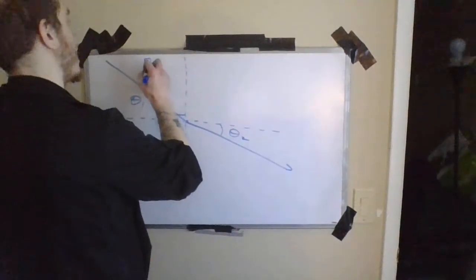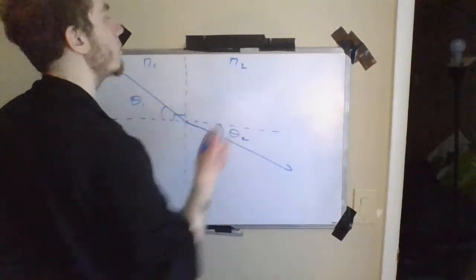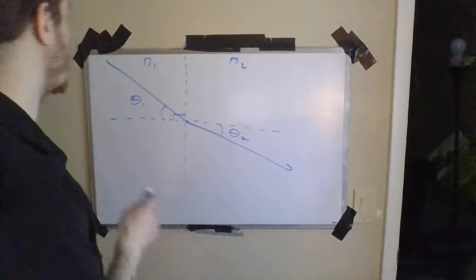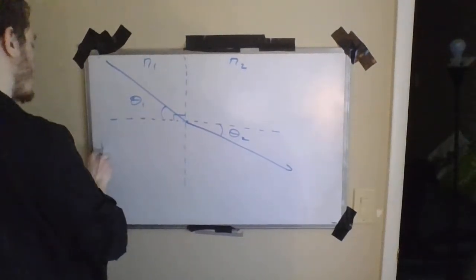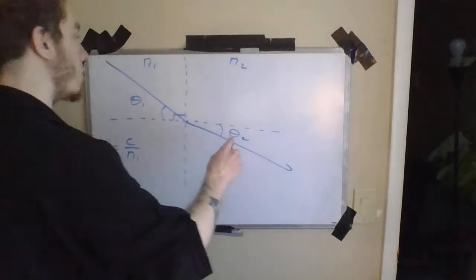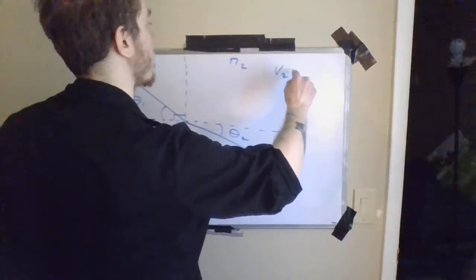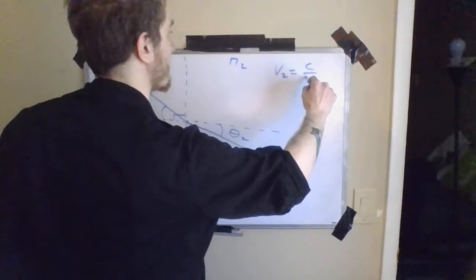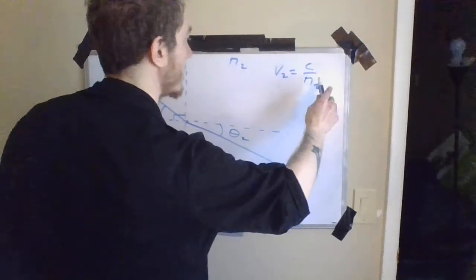And we want to have two different expressions, n1 and n2, with the properties that the velocity of light over here is going to be the speed of light in a vacuum divided by n1, and the velocity of light over here is going to be the speed of light in a vacuum divided by n2.